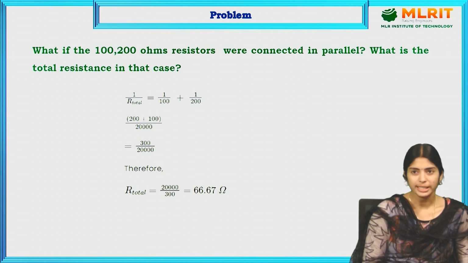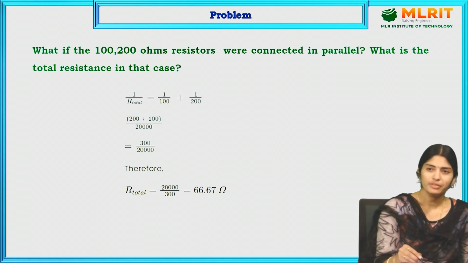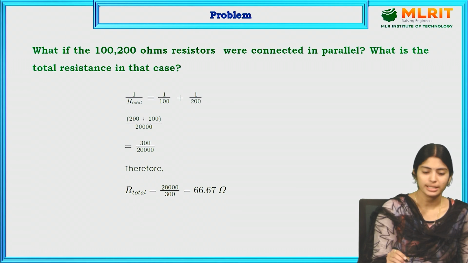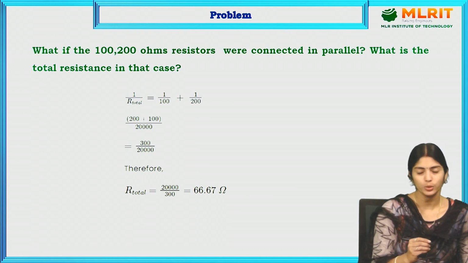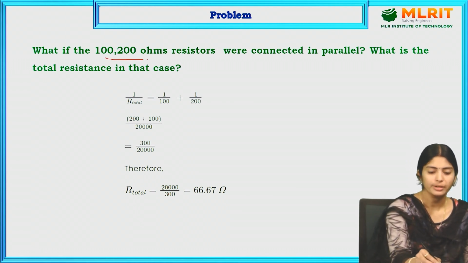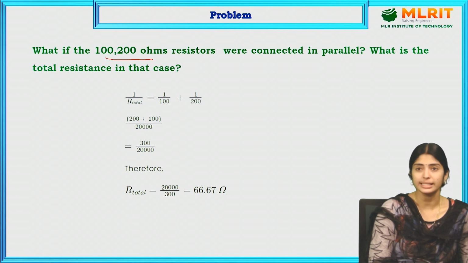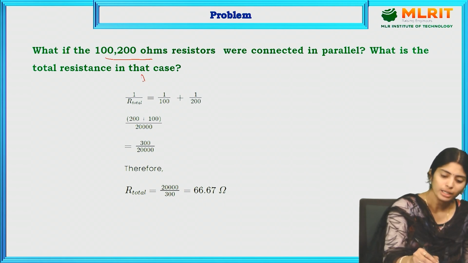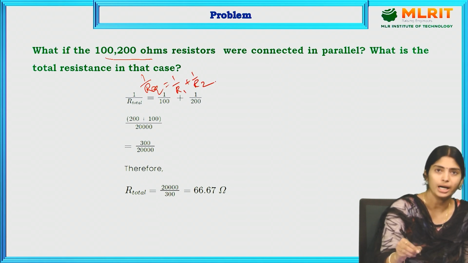So now let us see the problem regarding resistors connected in parallel. Like previously we had taken 100 and 200 ohms in series connection, here also I am taking 100 and 200 ohms. Here they have given 100 and 200 ohm resistors connected in parallel. What is the total value of resistance? According to the derivation, 1 by R equivalent is equal to 1 by R1 plus 1 by R2.